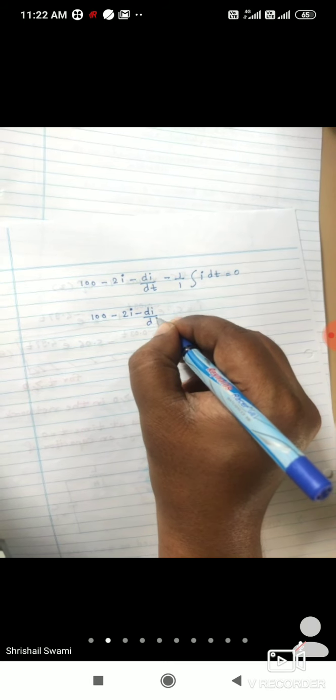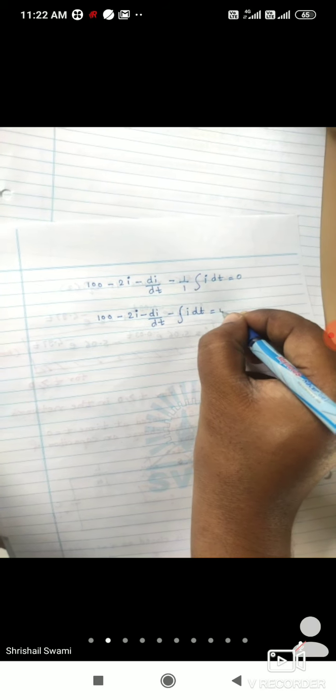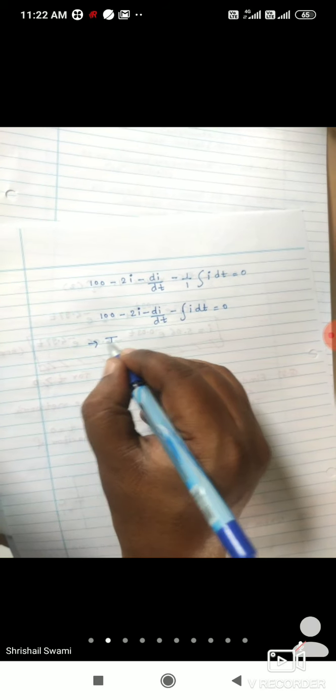1 upon 1 integration of I dt is equal to 0. म्हणजेच 100 minus 2I minus di by dt आणि minus 1 into I, sorry, integration of I dt is equal to 0. Take derivative because integration is there.